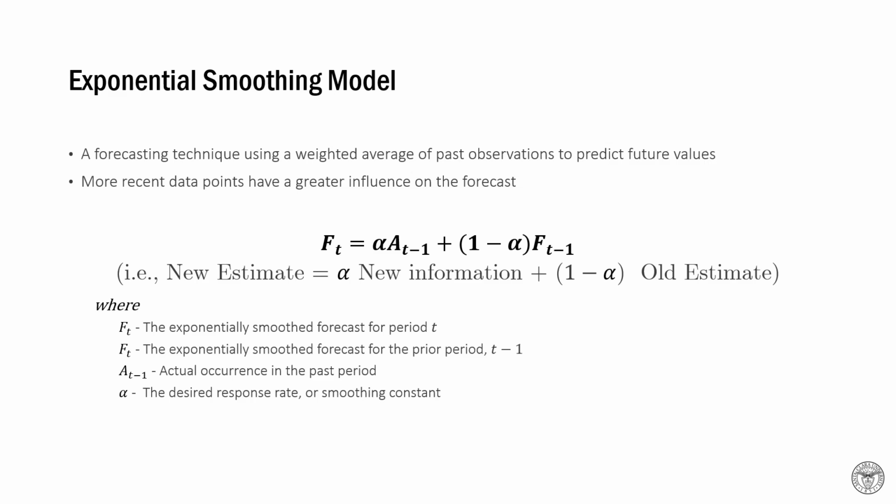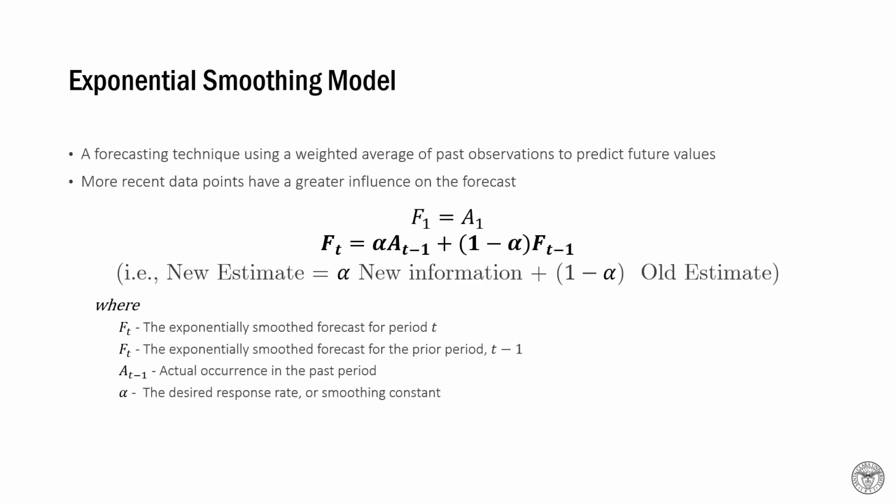This constant can take a value between 0 and 1, with higher values giving more weight to recent data, allowing the forecast to respond more quickly to changes in the data pattern.